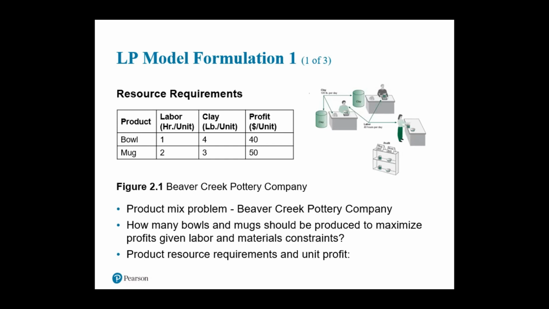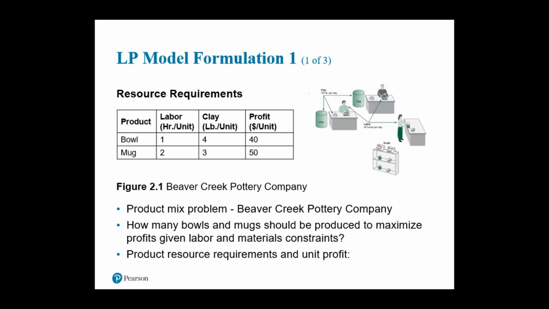In terms of profit, it knows that when it produces 1 bowl, it will make $40. If it is able to produce 1 mug, it will make $50. So this is the unstructured problem that the firm is facing.